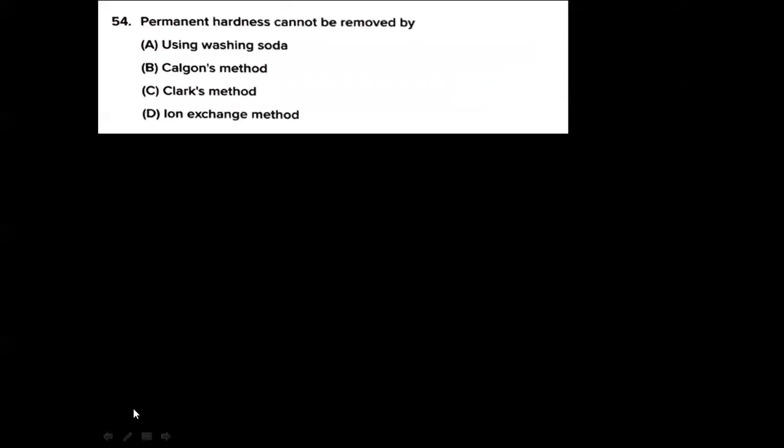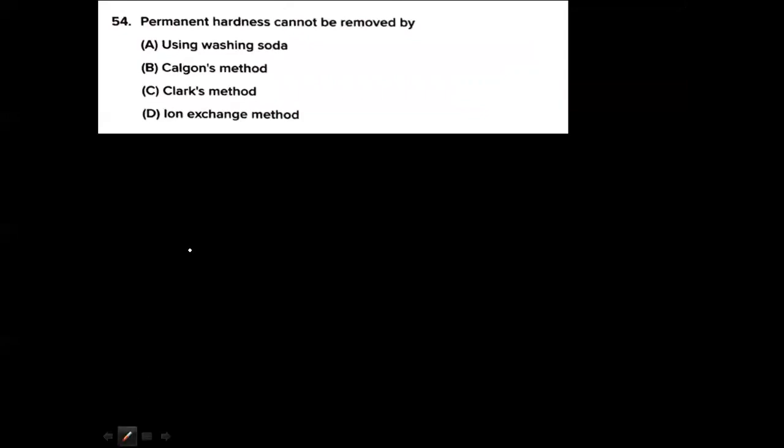53. The method by which aniline cannot be prepared is: potassium salt of phthalimide treated with chlorobenzene followed by hydrolysis with aqueous NaOH solution. Why? Because here, chlorobenzene is inert to nucleophilic substitution, and the nucleophile is the phthalimide ion. So option D: potassium salt of phthalimide treated with chlorobenzene followed by hydrolysis with aqueous NaOH solution. By this method we cannot prepare aniline. 54.